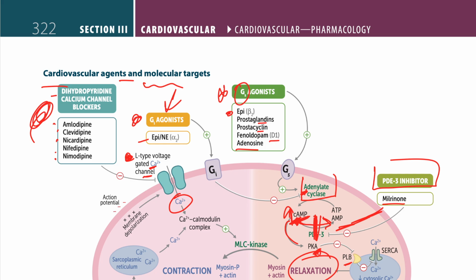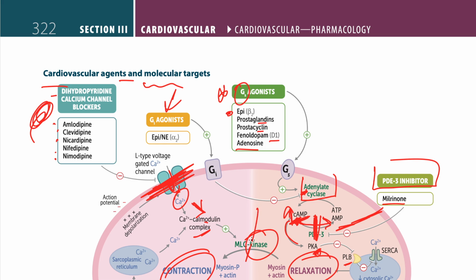Normally, calcium is coming inside, forming that complex with calmodulin and stimulating MLC kinase, leading to contraction. But now when you're inhibiting this, nothing is going to work. So these L-type calcium channel blockers are going to work in the cardiovascular muscle, cardiac muscle.